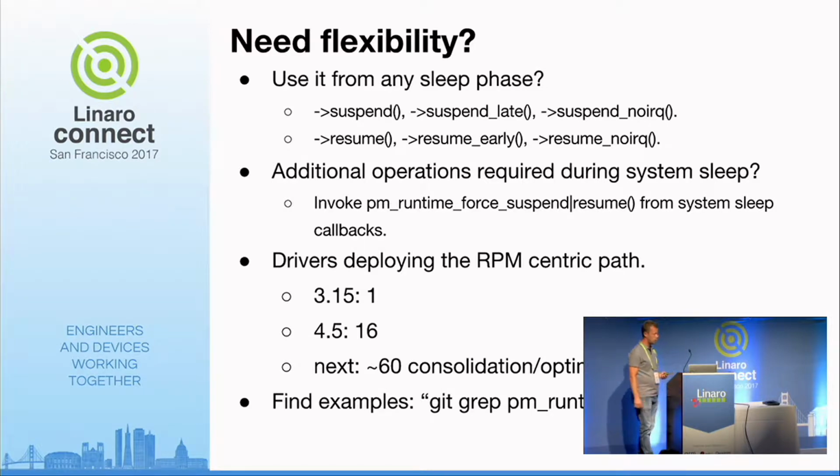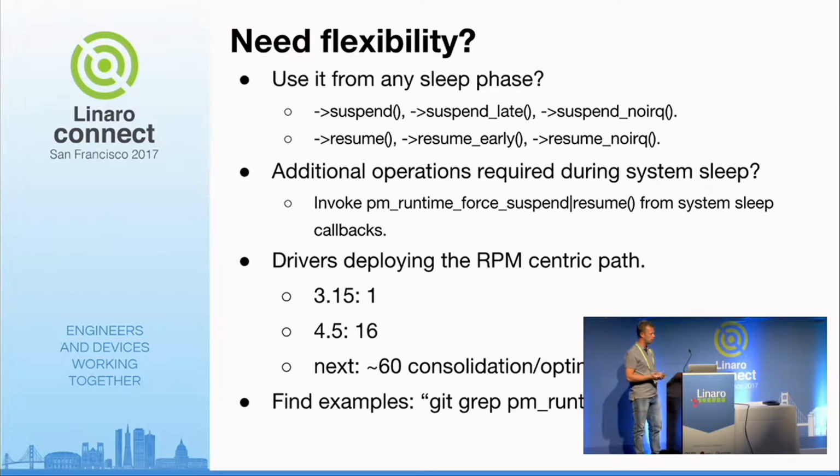Obviously there are some cases that are not as easy as the one we just saw, and to handle those trickier cases, you have flexibility built in. You can use these helper functions from whatever suspend phase you want, so the noirq and late phases and whatever you want.